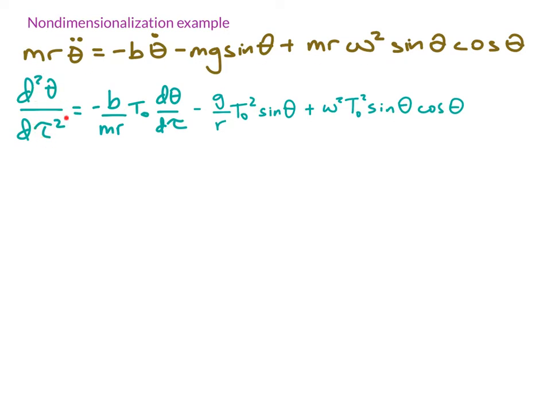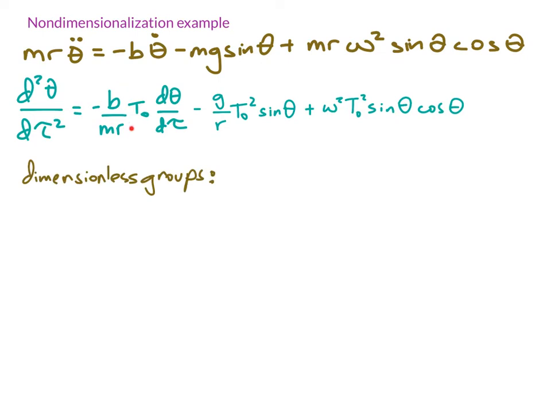I know that theta and tau are both dimensionless, so I know that this term is dimensionless. Since every single other term can be added to this term by dimensional homogeneity, every one of these terms is dimensionless. That means that I'm now ready to identify my dimensionless groups.